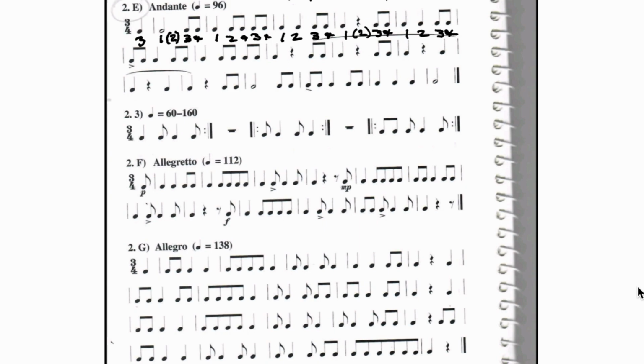So here's our beat. 1, 2, 3, 1, 2. We're going to say it. 1, 2, and we're going to start with the pickup on the third beat.